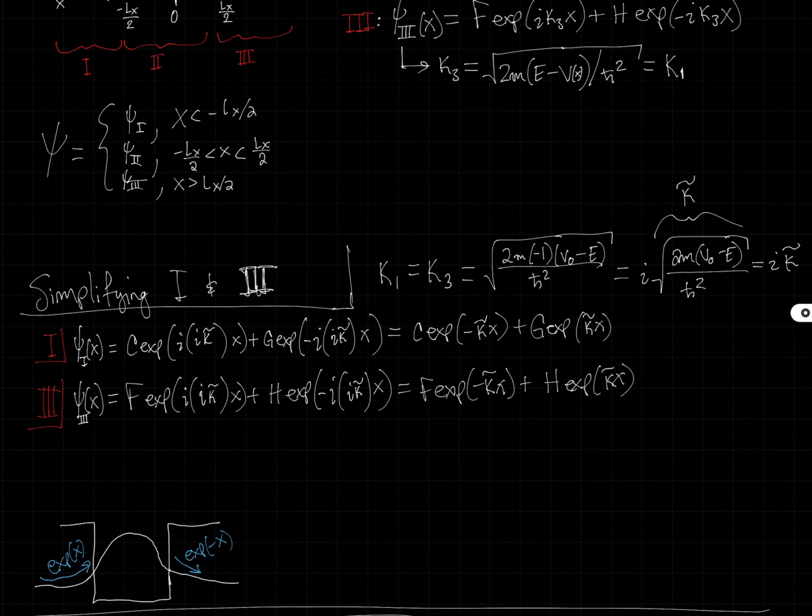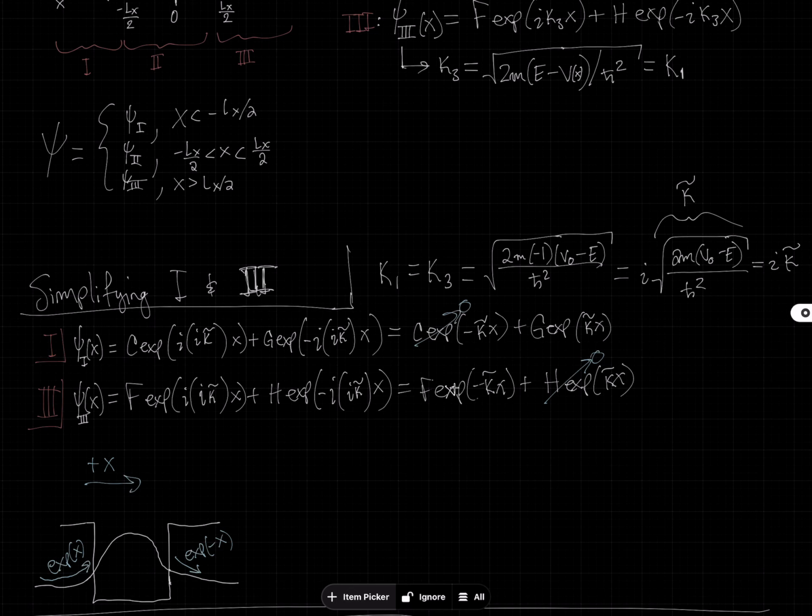So what this tells me is that for the first region, this G, or the C, this amplitude has to be equal to 0. And for the third region, this amplitude here must be equal to 0. The reason for this is because as x is increasing, recall that positive x is in this direction, for the first region of the well, I only have an increasing exponential.